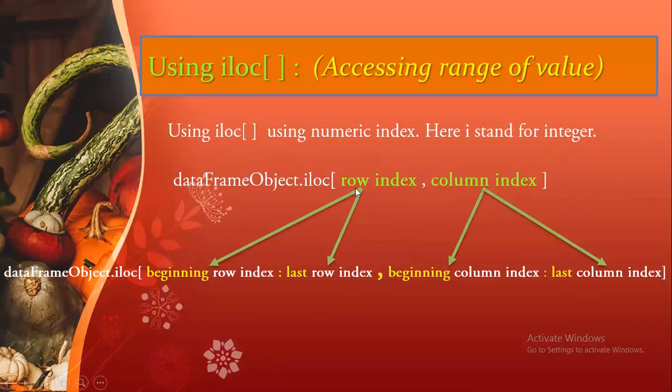For Delhi the beginning is 0 and the last index for UP is 1, but I will use 2 because it runs n minus 1. Then column 0 and 1. So what is the syntax? Data frame object ILOC, row index further divided into beginning row index and last row index, then column index, beginning column index and last column index.